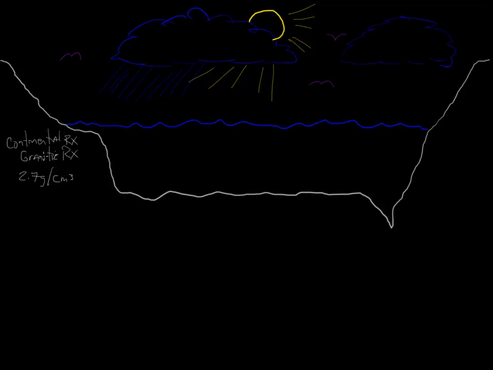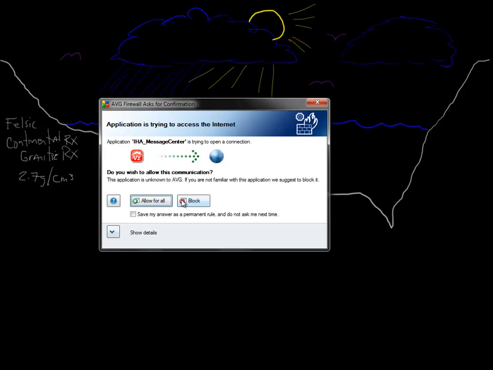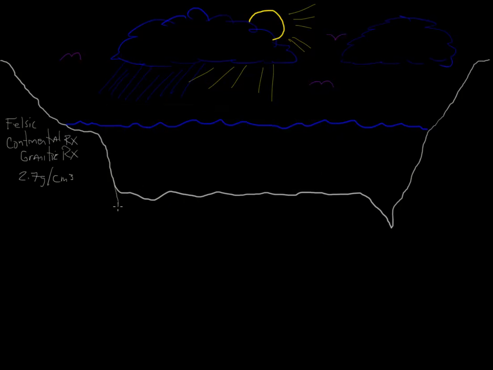Made up of granitic rock, which tends to be very felsic. That means higher in silica, which makes it less dense, which is why these continents float up above the ocean floor, which would look something like this.